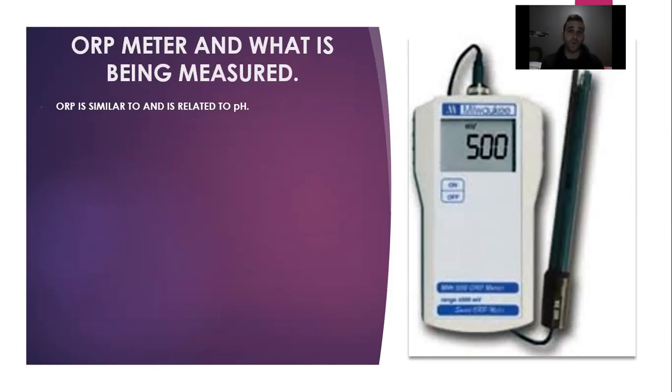The more positive the ORP is, the more acidic it will be. So ORP and pH are very, very dependent on each other, and there's a direct relationship between the two. And ORP is affected by pH.